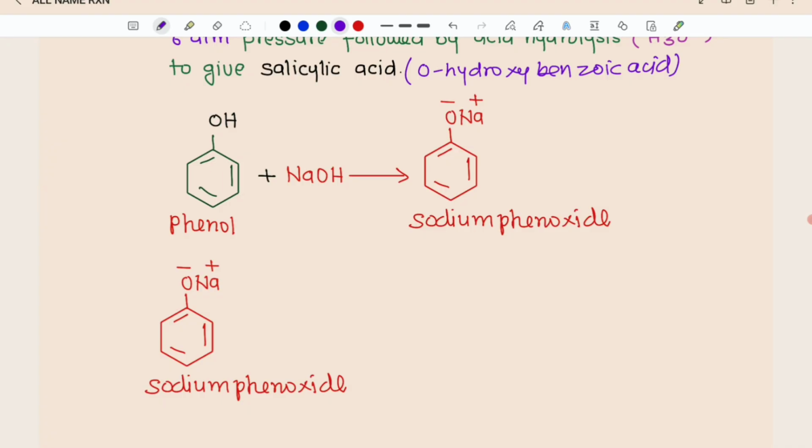We get salicylic acid. So first of all it is treated with carbon dioxide at 398 Kelvin temperature and 6 atmospheric pressure.